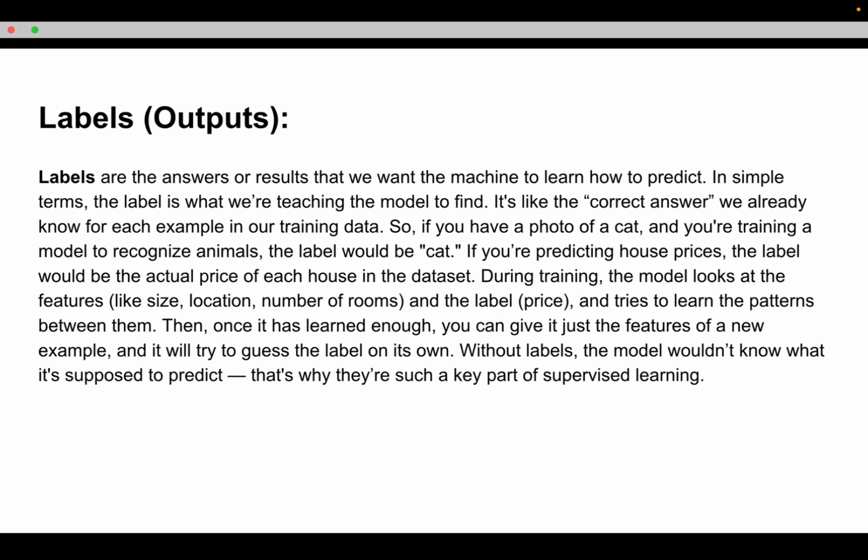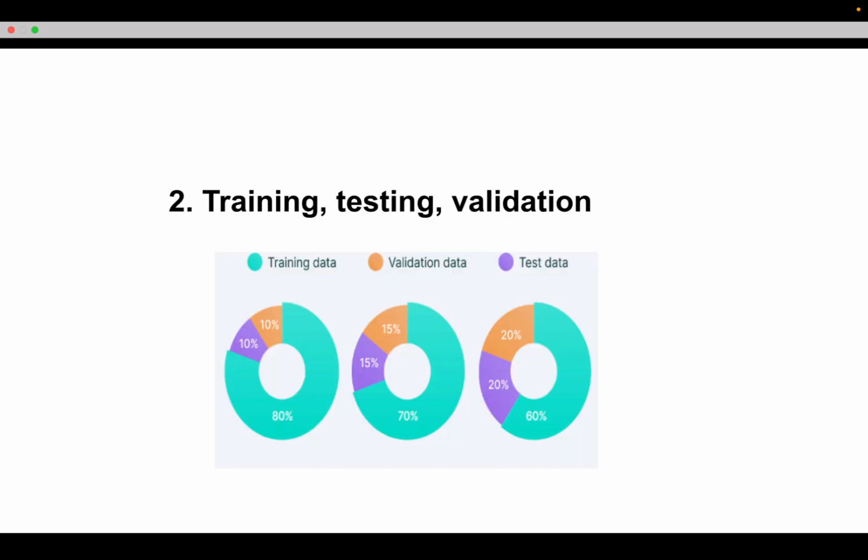Then once it has learned enough, you can give it just the features of a new example, and it will try to guess the label on its own. Without labels, the model wouldn't know what it's supposed to predict. That's why they're such a key part of supervised learning.